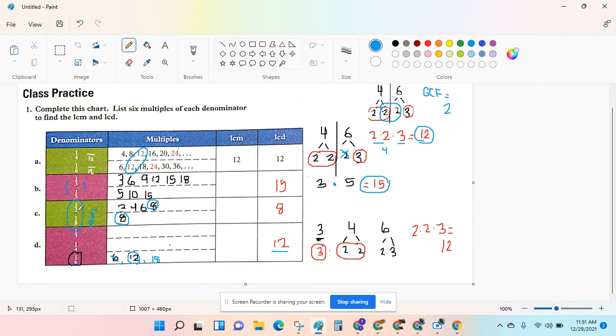If this was 2 and 11, then we know 2 cannot make 11, so we would go on to one of these other methods. But if you come up with a situation like 2 and 8, or 4 and 8, then you would automatically know that 8 would have been the first number. It would have been your least common denominator because that was the first number they both could make. All right, so hopefully this helps you.